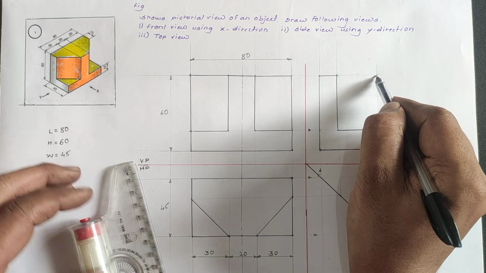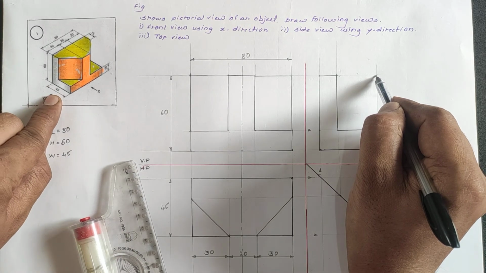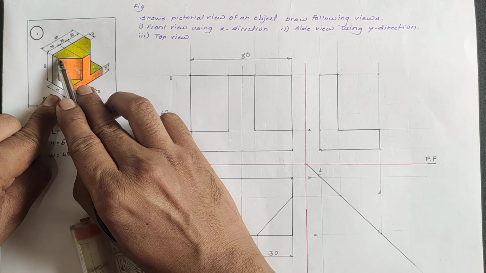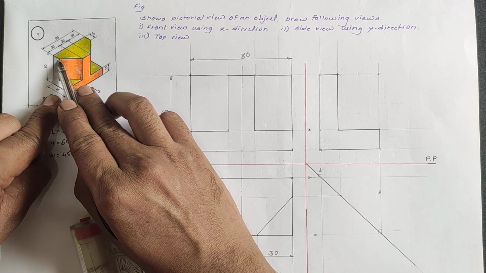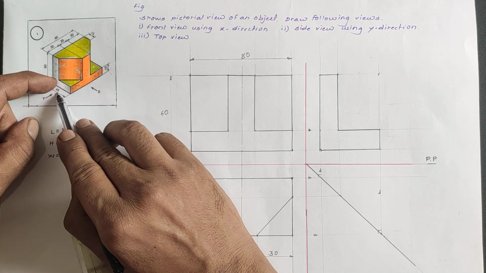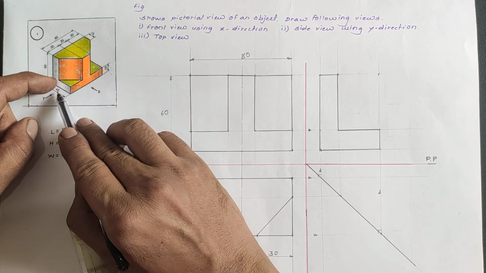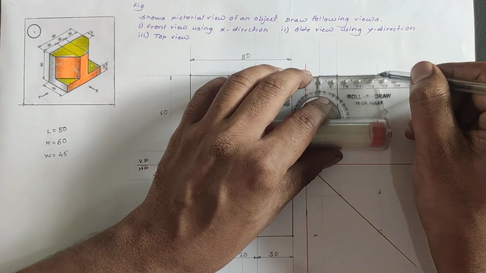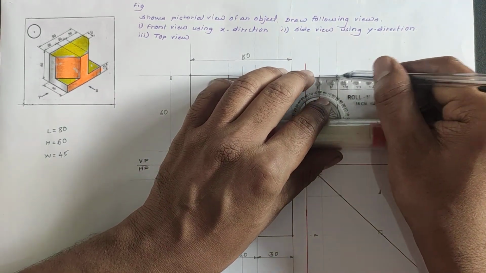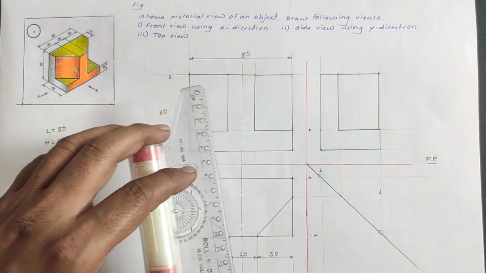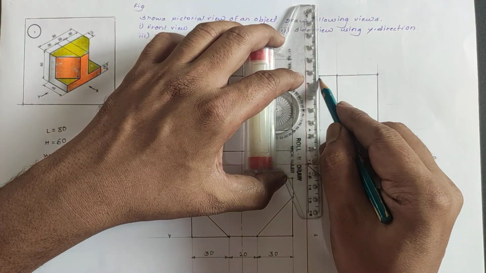It is 15 and the remaining part is 45 minus 15, it is 30. So 30 mm, draw the horizontal line and also draw the vertical line. So all these parts are visible.